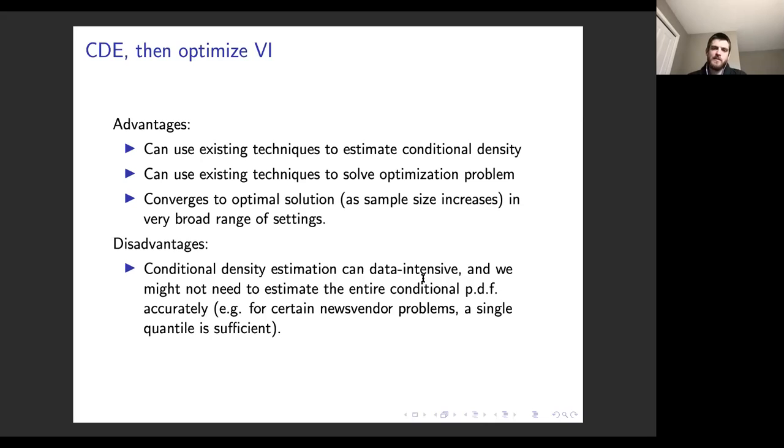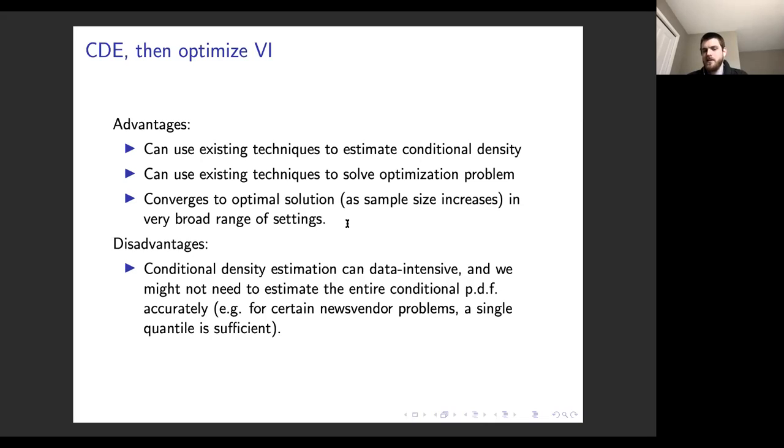And a big advantage of this approach is that this method actually converges to an optimal solution. And it's not too hard to prove this. If your objective function is sufficiently regular and your feasible region is sufficiently regular, then it follows from results on your conditional density estimator. If that density estimate converges to the true density, then you're solving the true optimization problem. And so you get the optimal policy.